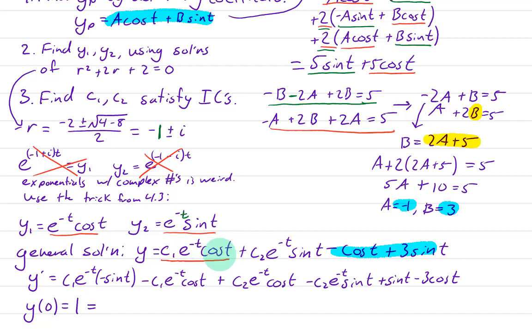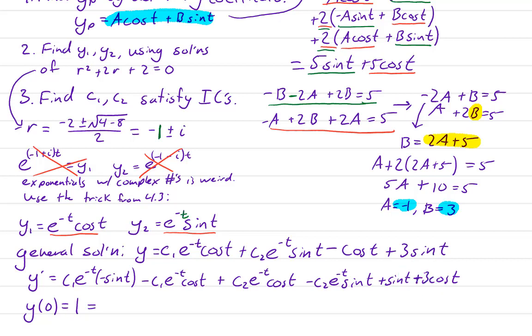The derivative of cosine becomes negative sine, and the derivative of the e to the negative t part, leaving the cosine alone, also becomes negative. With the next one, using the product rule again, the C2 term turns into these two things. Then the regular derivative of negative cosine becomes sine, and the derivative of 3 sine becomes positive 3 cosine of t.